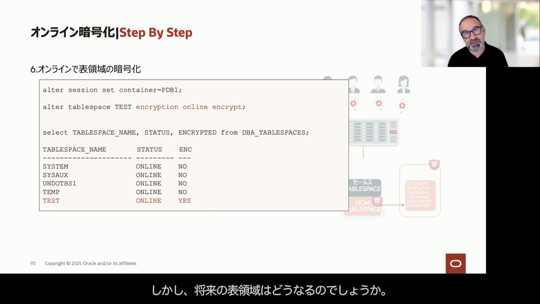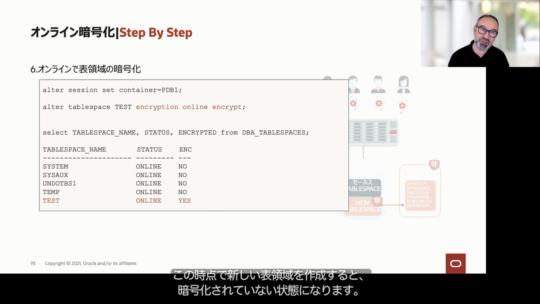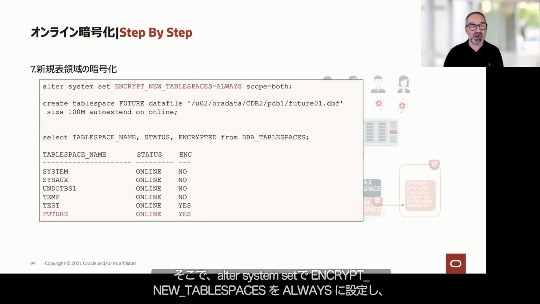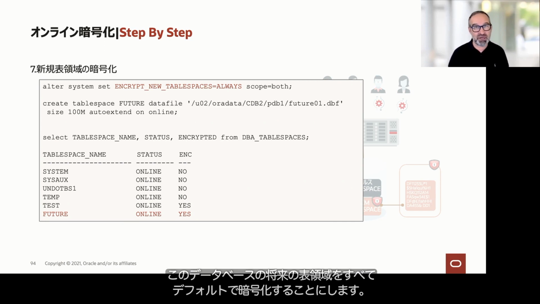But what happens to future tablespaces? If I create a fresh tablespace now, at this point, it will be unencrypted. So what I need to do here is ALTER SYSTEM SET ENCRYPT_NEW_TABLESPACES=ALWAYS. That means all the future tablespaces in this database will be encrypted by default.